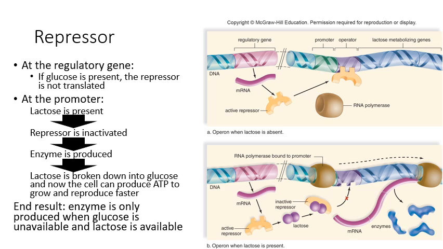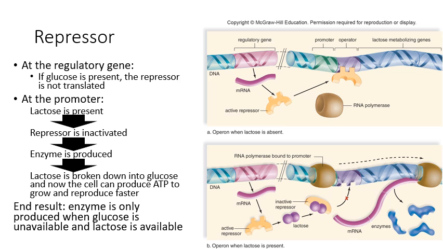When we look at the promoter and the operator region, we can see how it's interacting with lactose. If there's no lactose present, we have the blockage of these structural genes. If there is lactose present, then we're going to want to be making these structural genes to be able to break down that lactose.